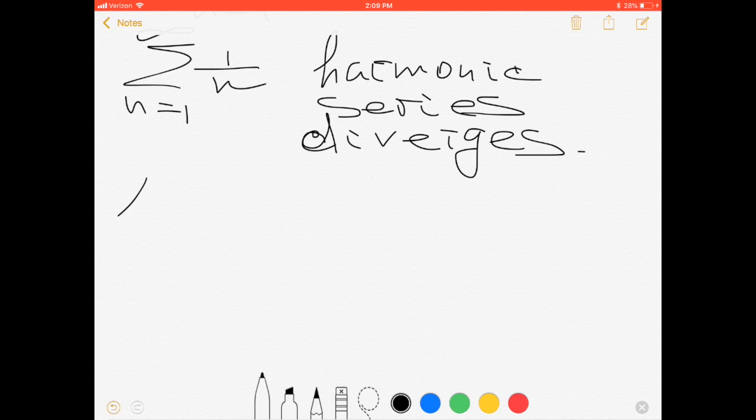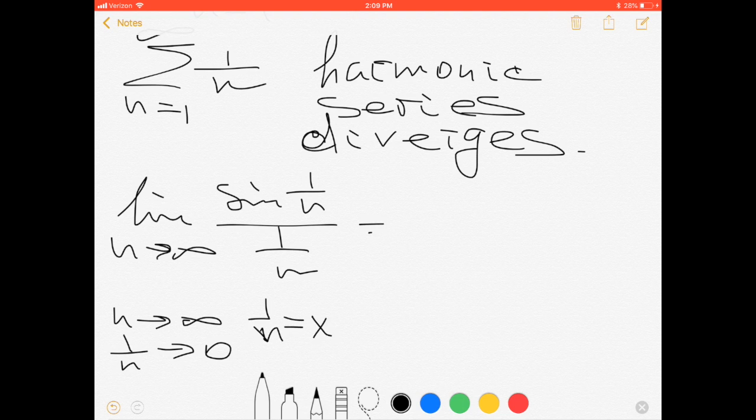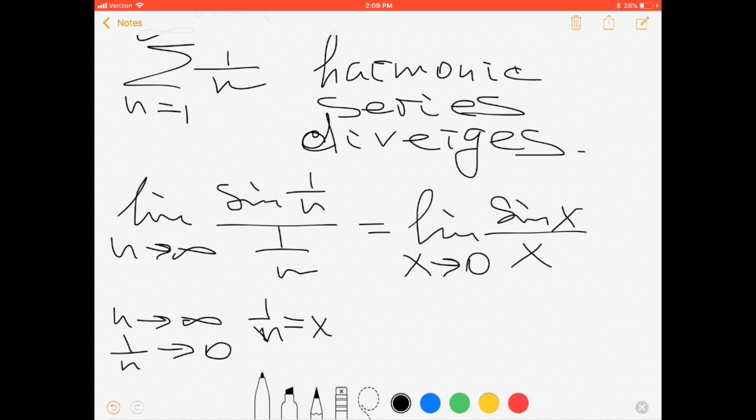But what happened with limit? Limit sine 1 over n, 1 over n approaches infinity. If n approaches infinity, 1 over n approaches 0. Let's say 1 over n is some x, and then I have limit sine x over x as x approaches 0.